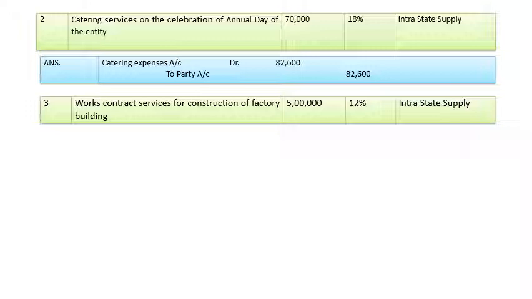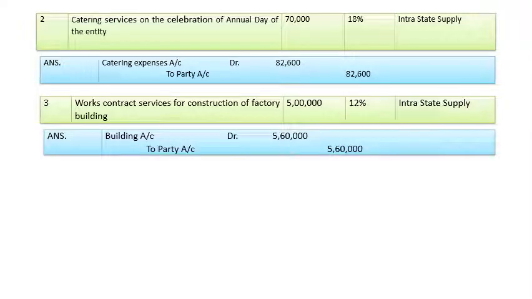Only plant and machinery is allowed. So here it is blocked. So the entry is like that: building account debit 5,60,000 to party account 5,60,000.